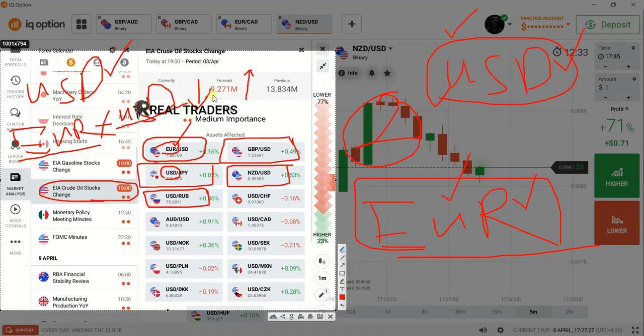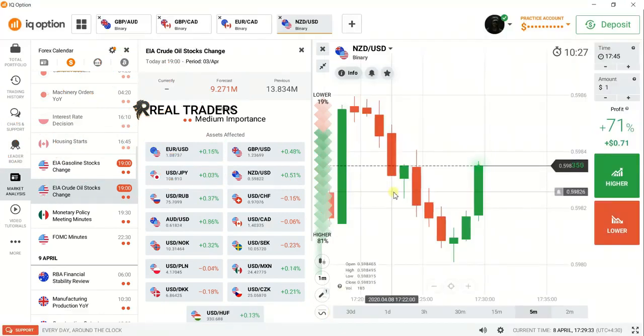It is showing us the USD will go down. Here you expect the price to go up because USD is the second currency, but the Euro news may make the market go down and you will lose. Okay, I hope you understand this point.